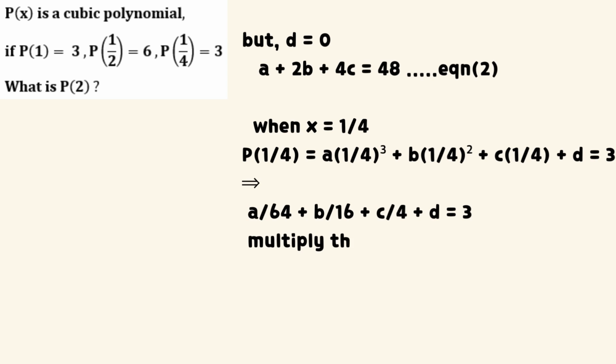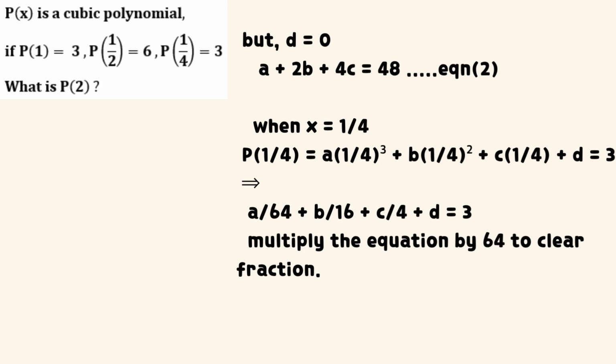When x equals 1 divided by 4, P of 1/4 equals 3, after substitution and simplification of values. Multiply the equation by 64 to clear fractions. The sum of a, 4 times b, 16 times c, and 64 times d equals 192.